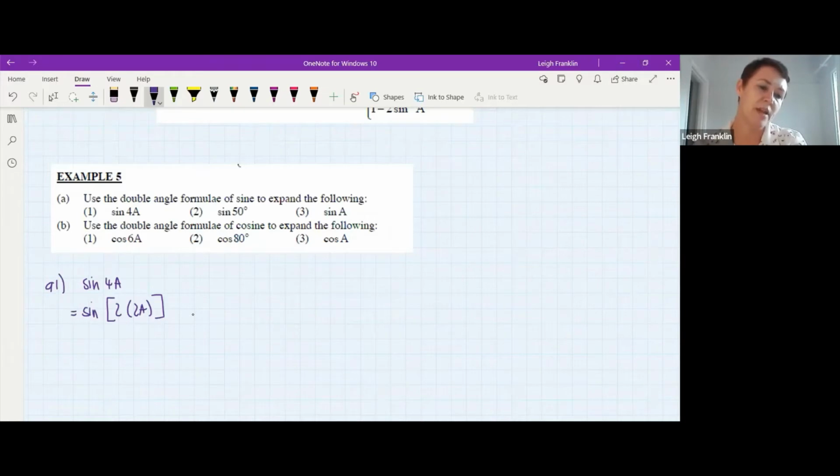Does that make sense to everybody? Very important, the angle is 2a. Now when I want to expand it, I'm going to write this as 2 sine 2a cos 2a. Everybody cool with that?